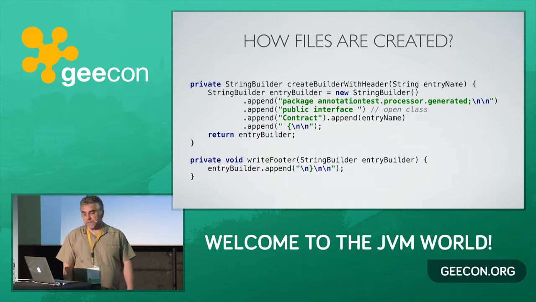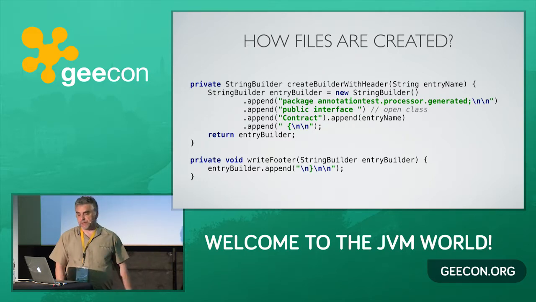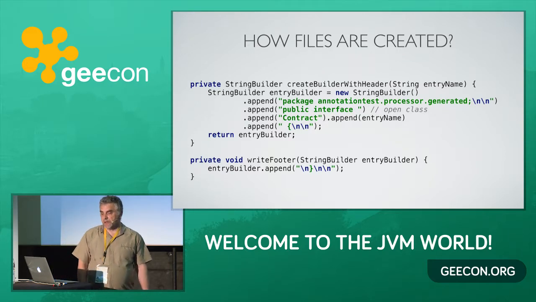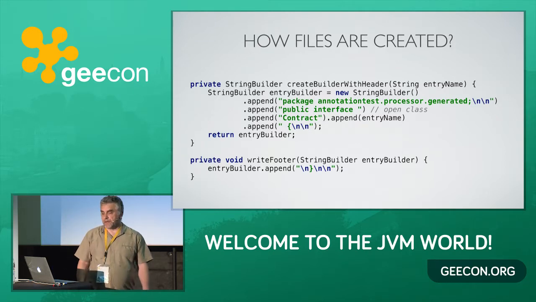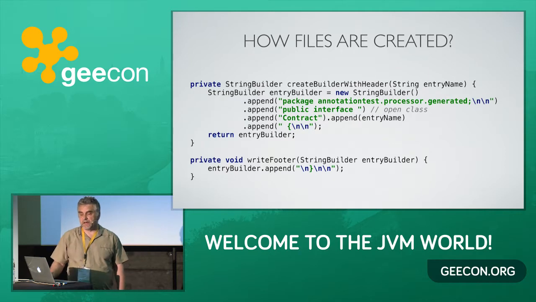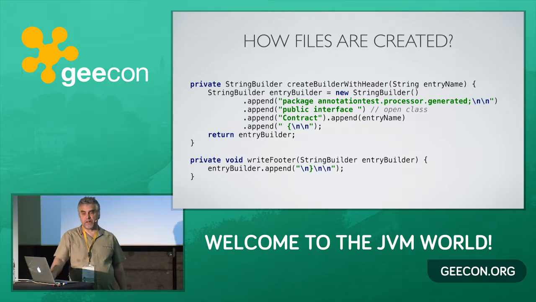You just create a string builder, because we'll be building Java source code by hand. You see, you're appending a package. You have to create the interface, and you have to name it like contract. This is the start of the name, and then you append what you find in the hash map and pass it back. This is the footer, just closing brackets to make the compiler happy.